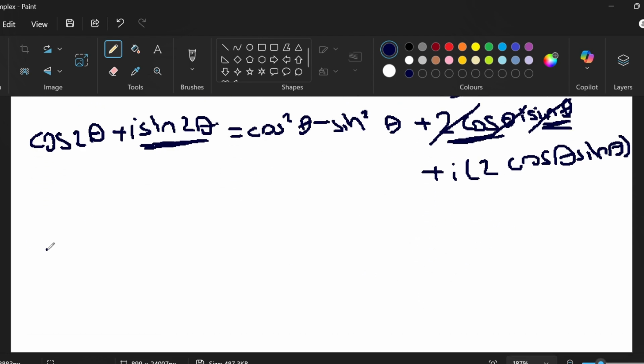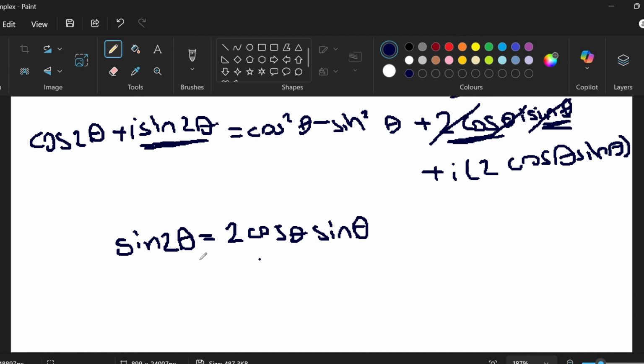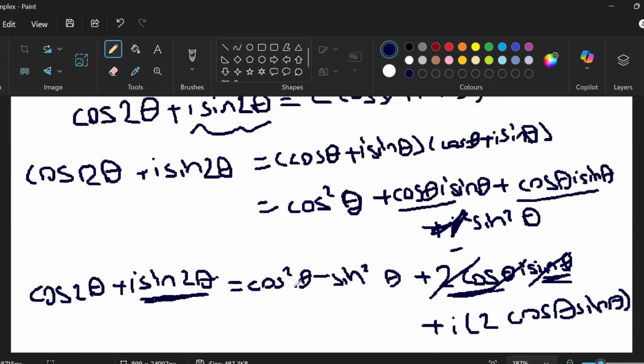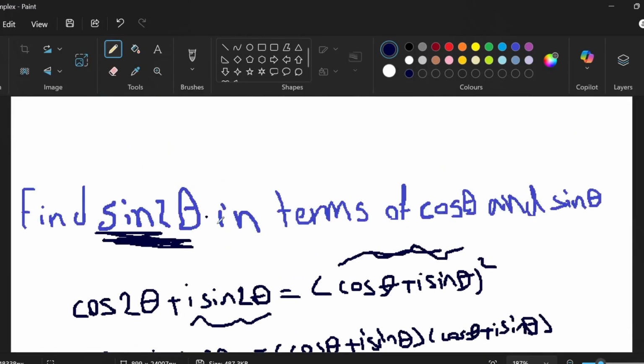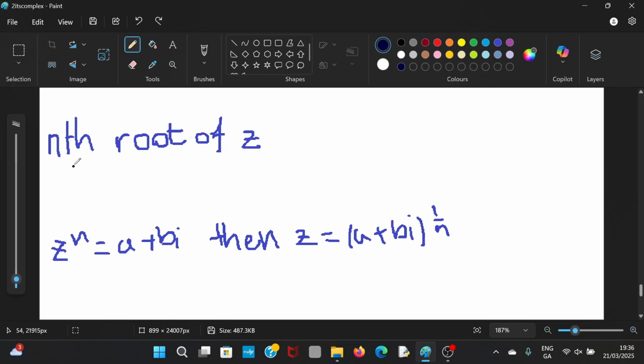But you don't really need to do that, you just take the coefficients: sine 2 theta is equal to 2 cos theta times sine theta. And this is my answer for finding sine 2 theta in terms of cos theta and sine theta. You might be asked to use de Moivre's theorem to find the nth root of z.